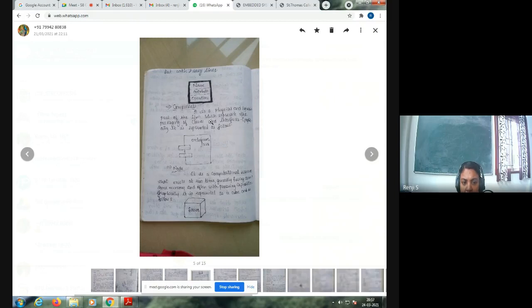Then component is the physical and replaceable part of a system which represents packaging of classes and interfaces, and it is graphically represented in this figure. It is a rectangle with two small rectangles by the side, and you write the name of the component inside it. Suppose you have created a file named orderform.java.